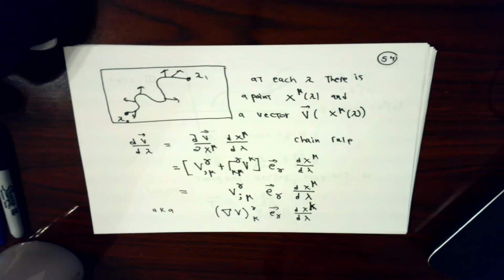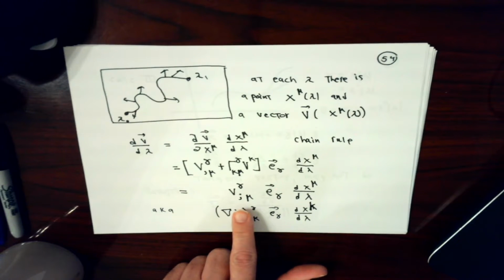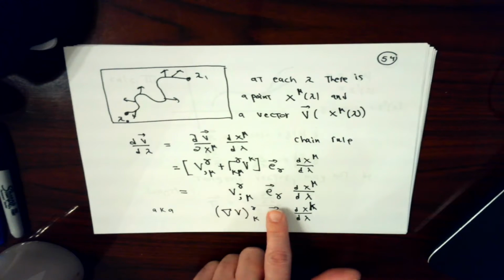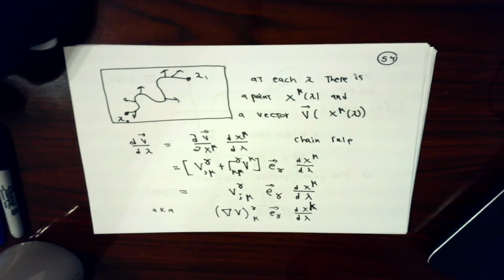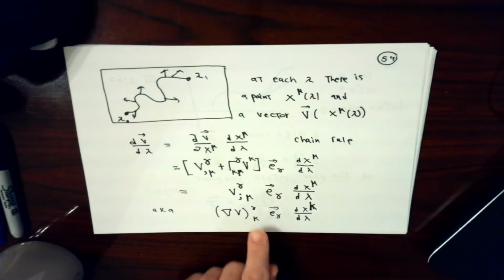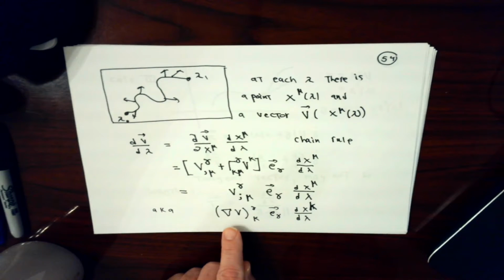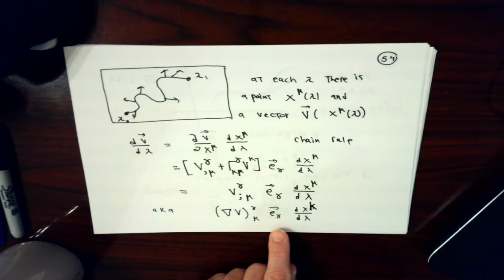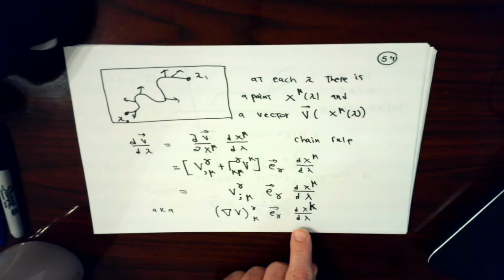If we rearrange this in the usual way, I can write this as the covariant derivative component gamma mu of v times e gamma, summing over gamma, times dx mu d lambda, the sum over mu. If I wanted to, I could write this as the gamma kappa component of the covariant derivative of v, e gamma dx kappa d lambda.